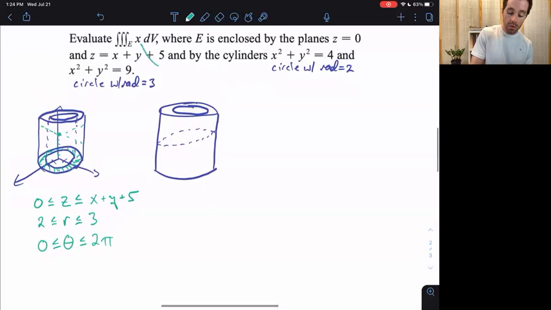X here, when we convert to cylindrical, it's essentially the same as writing it in polar.